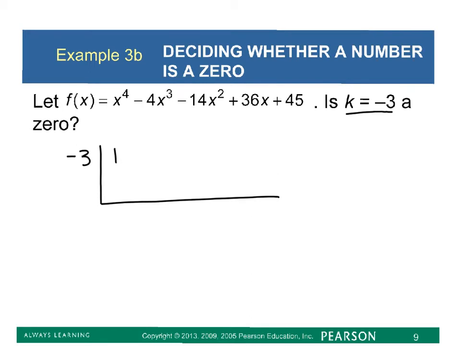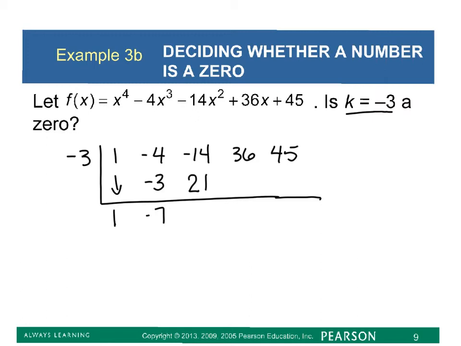I'm going to bring down all my coefficients. 1, -4, -14, 36. Good, we're not missing any terms in this one. Okay, now bring down the 1, multiply the -3 and 1 to get -3, and we get -7. -3 times -7 is a positive 21.